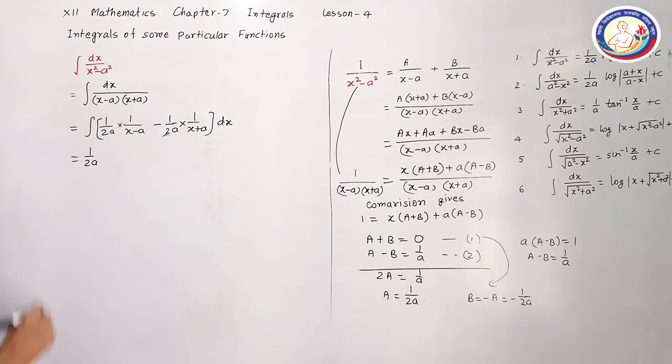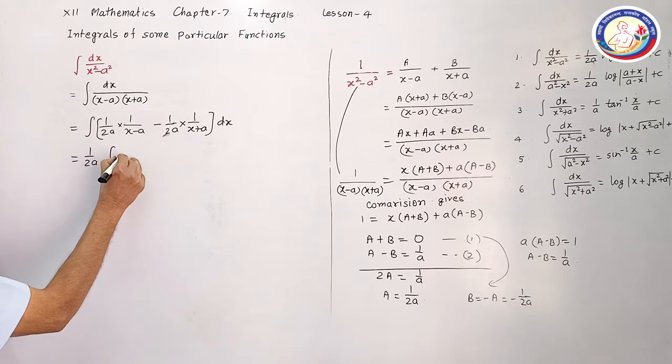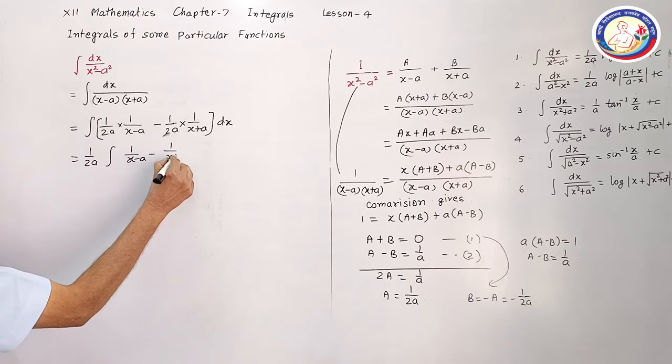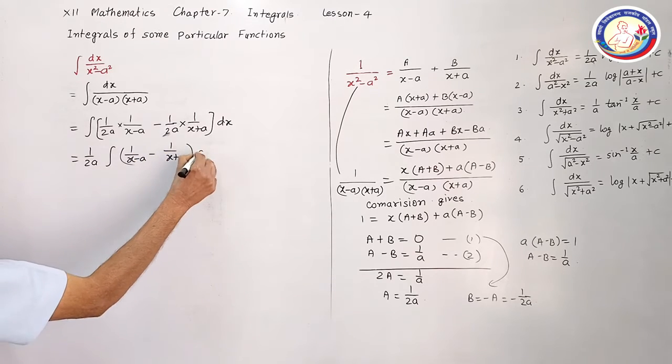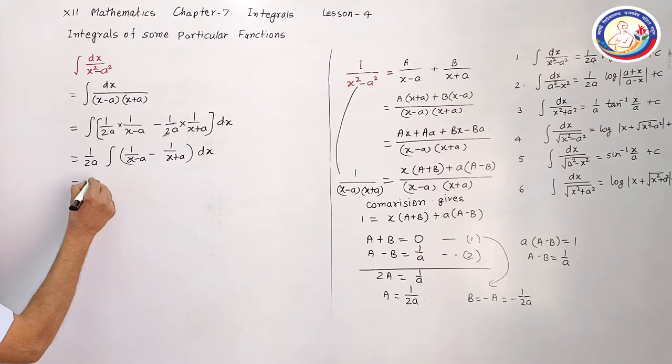We can take 1 upon 2a outside because this is a constant, and we will have 1 upon x minus a minus 1 upon x plus a, dx. Now break it into two parts, two integrals.